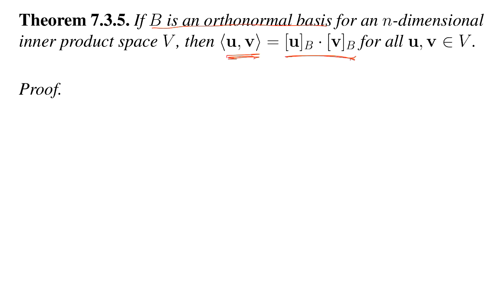So let's replace the abstract thing on the left by just the dot product on the right, where the dot product is using coordinate vectors again.